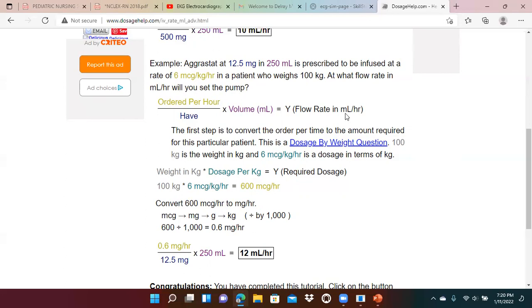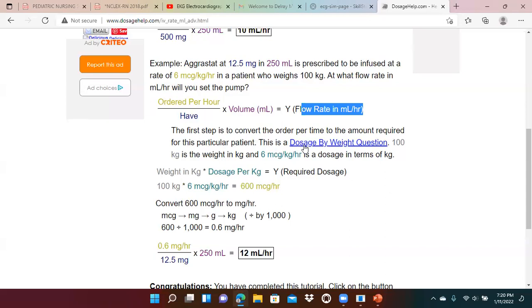So flow rate in ml per hour, we have to follow this formula: order per hour divided by what is in hand, times volume. The first step is to convert the order per time to the amount required for this particular patient.